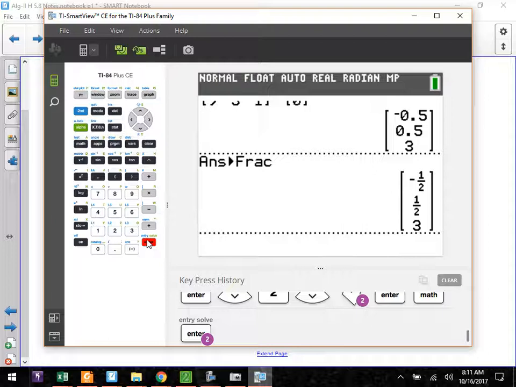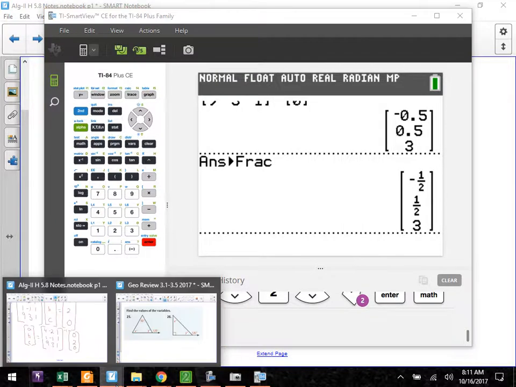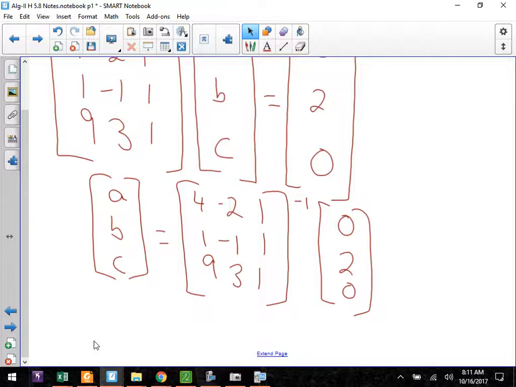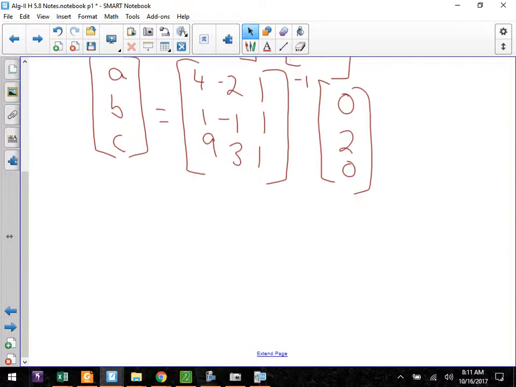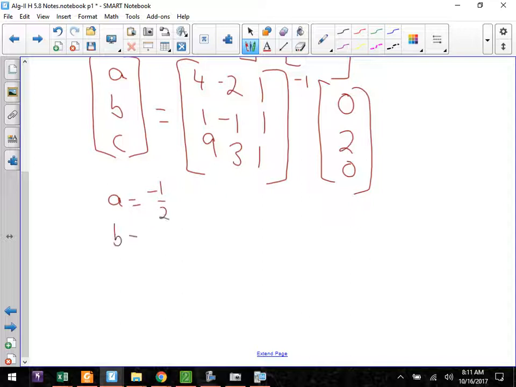So this tells me now that my values are, A was -1/2, B was 1/2, C was 3, I believe. Was that what it was? Yes. So then my equation winds up being y equals -1/2 x squared plus 1/2 x plus 3. And that's the equation that contains those points.